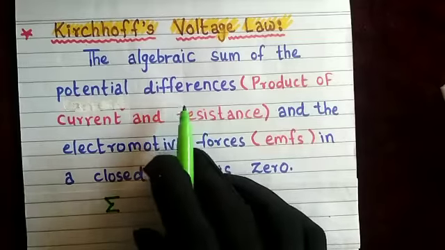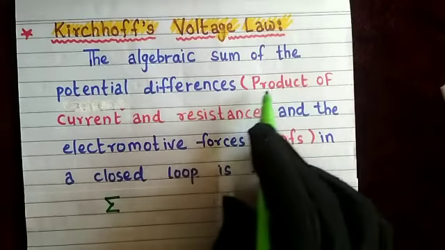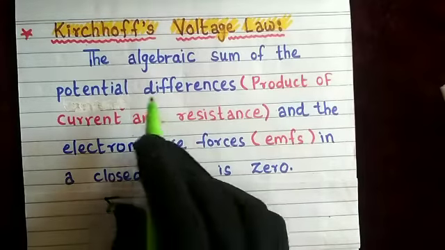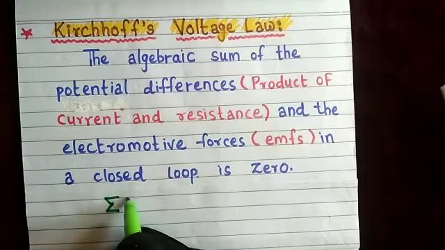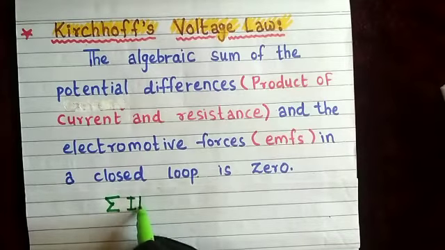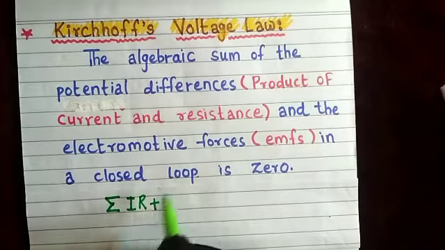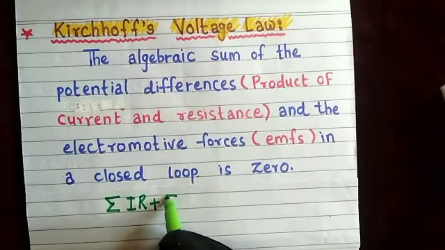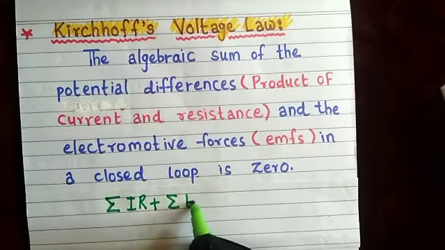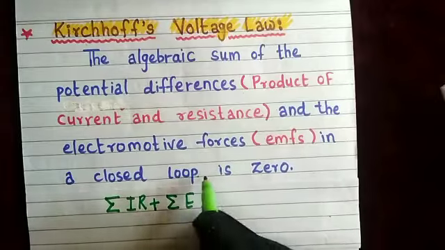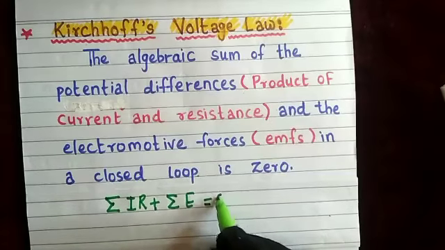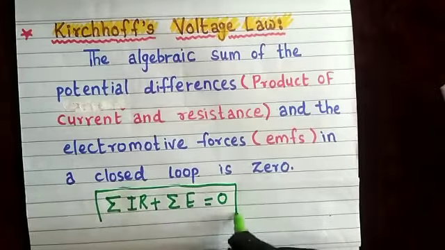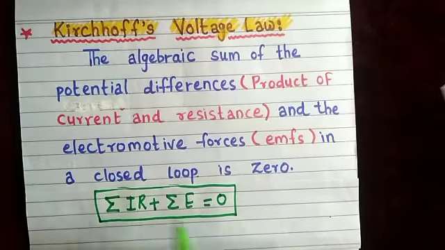According to Ohm's law, potential difference is nothing but the product of current and resistance, V is equal to IR. So instead of writing V, we can write summation of IR plus summation of E, the EMFs, in a closed loop is equal to 0. This is the mathematical expression of Kirchhoff's second law, that is Kirchhoff's voltage law.